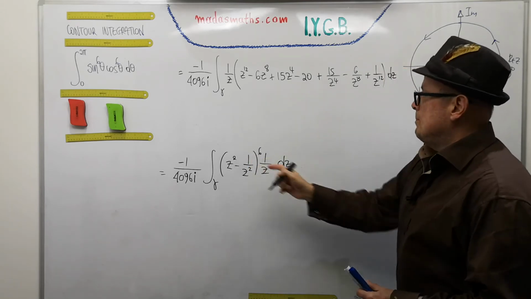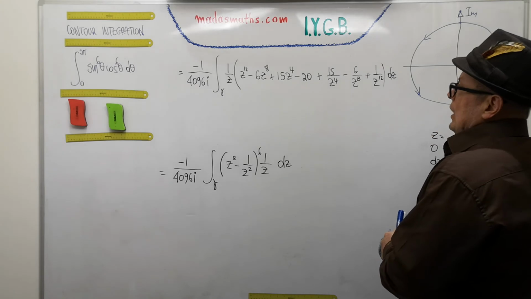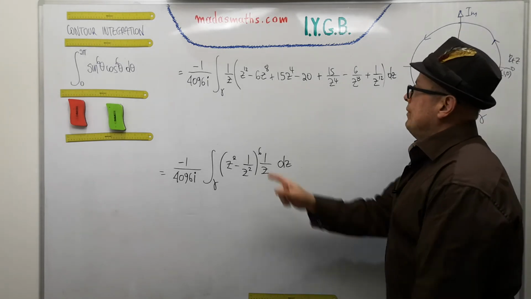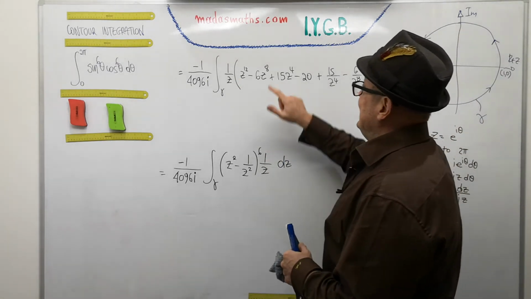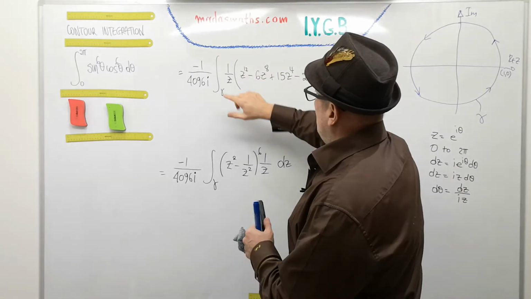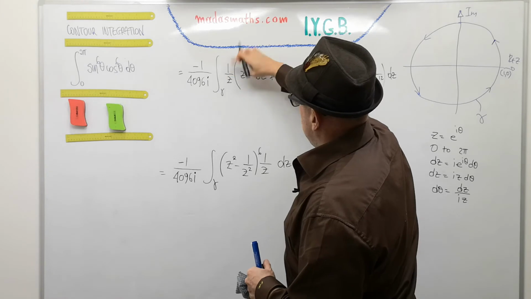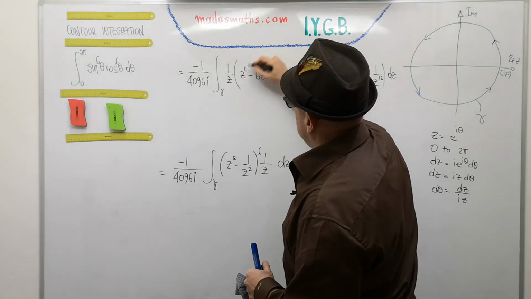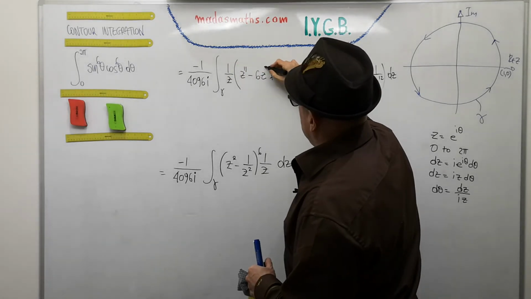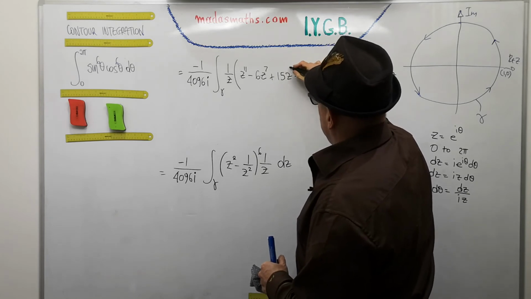So this is just this bit here. I'm going to save myself a line and multiply by this 1 over z. All the powers will change. If I multiply by 1 over z, I'll write the 1 over z afterwards. This becomes z to the 11, z to the 7, z cubed.